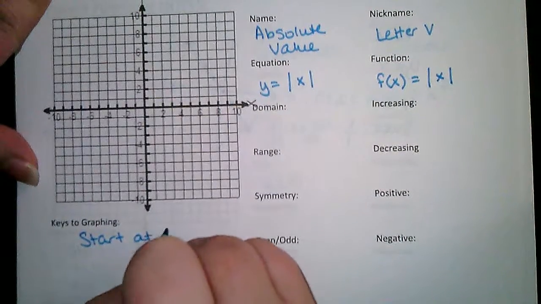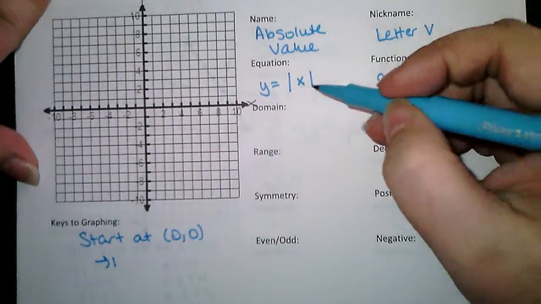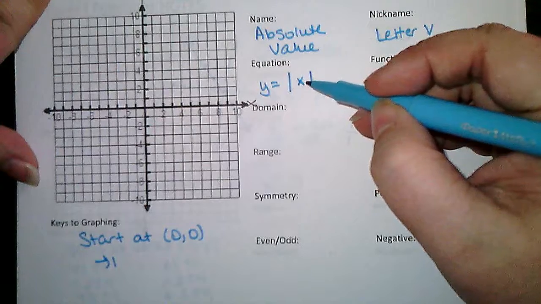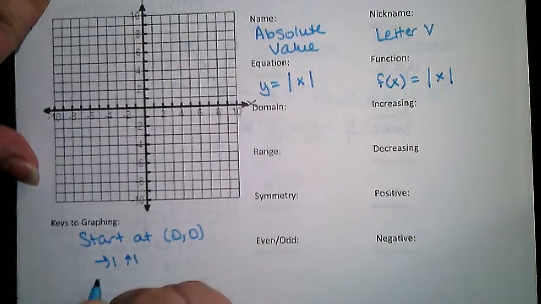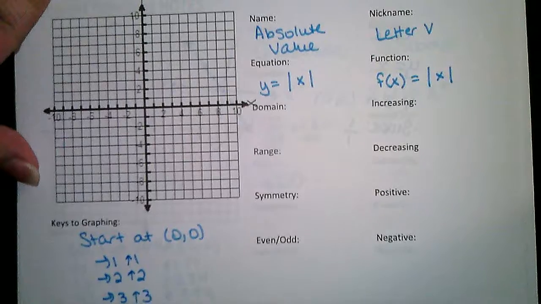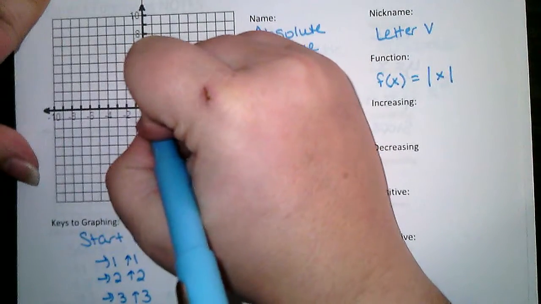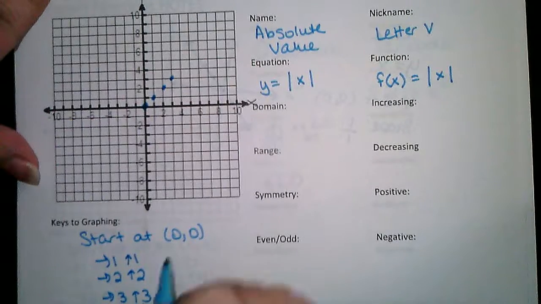We're going to start at 0, 0, and then we go over 1. And remember, when you put anything into your absolute value, it makes it positive. So we'd go up 1, over 2, up 2, over 3, up 3. So it's 0, 0, and then we got 1, 1, 2, 2, 3, 3. Now, does this have a negative side?